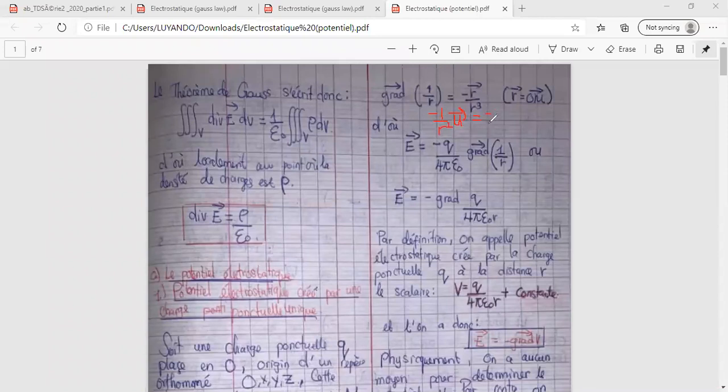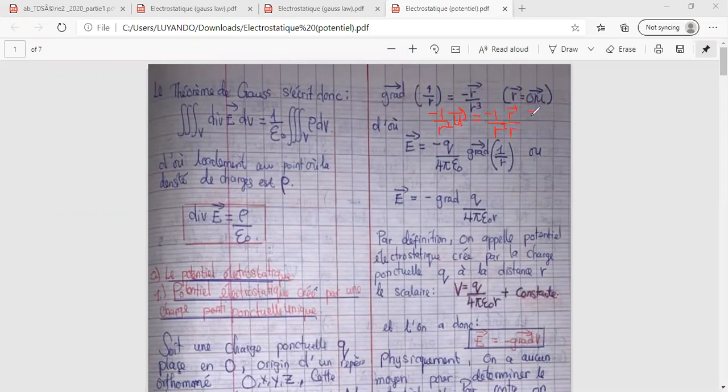We are going to have negative 1 over r squared times r, the vector r.